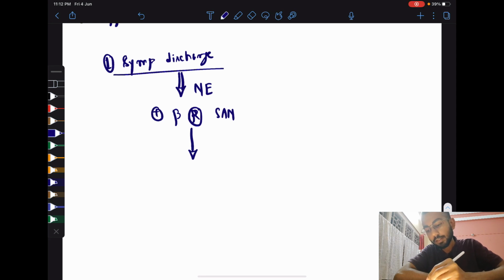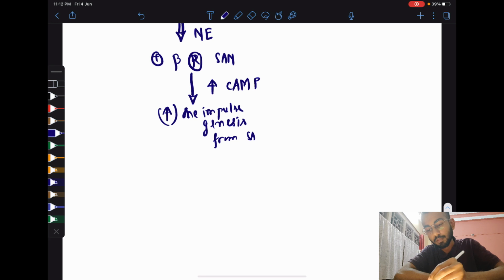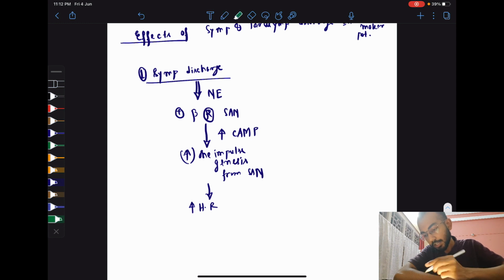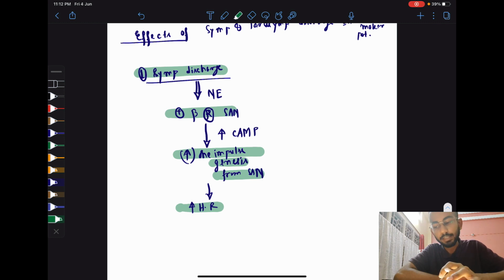Now this will lead to the production of a lot of the second messenger cyclic AMP, which will increase the impulse genesis from SA node, increasing the heart rate. Clear? Sympathetic discharge will increase the heart rate by increasing the impulse genesis from SA node by stimulating the beta receptor which is present in the SA node.